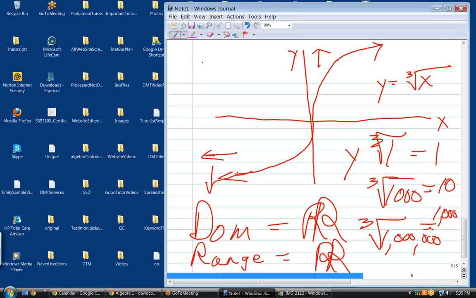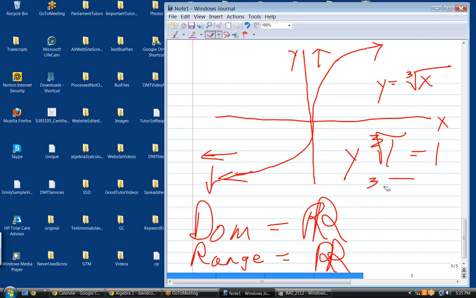I get 100. But the point is that as you let x go to infinity, y does go to infinity. If I let x get big enough, then y eventually will reach infinity also. Okay? So there's no restrictions on this curve. The domain is all reals, the range is all reals.